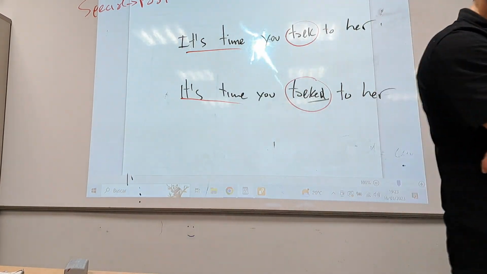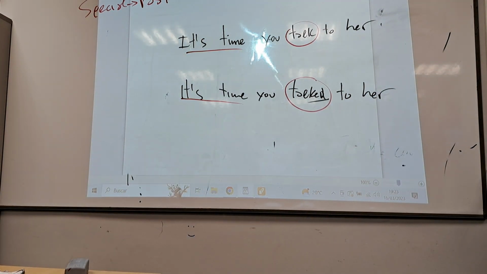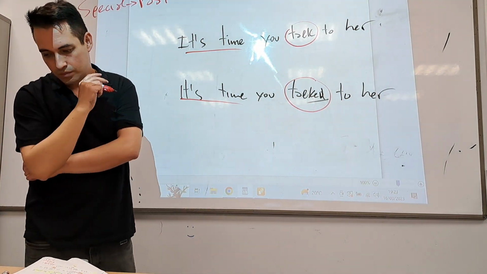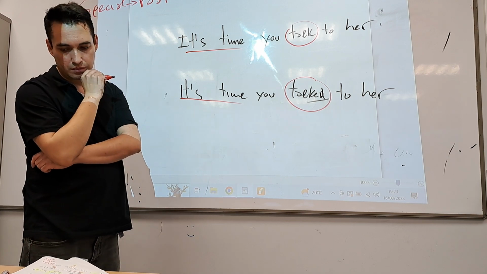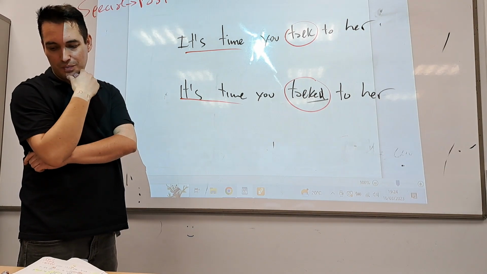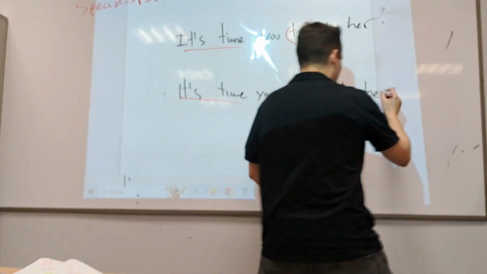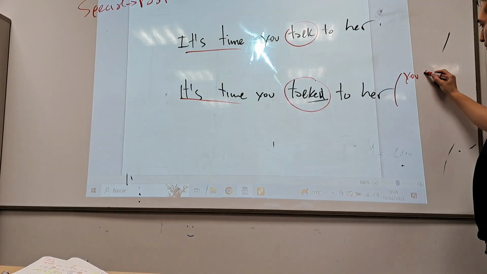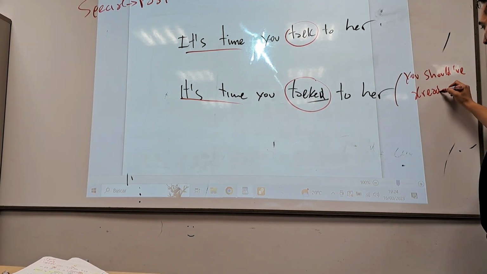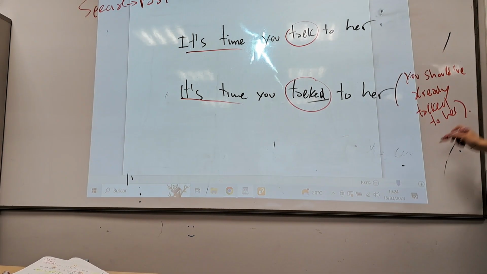Any other ideas? I think that the first one is something that you can do now, but the second one is about the future, or hypothetical future, this is what we said before, right? So you should have already talked to her. Here what we are implying is that you should have already talked to her, but you still haven't done it.